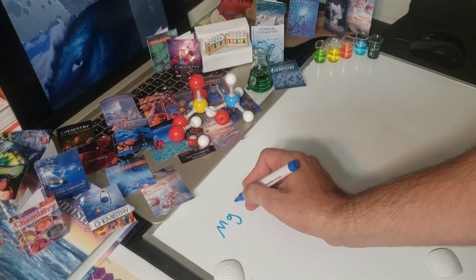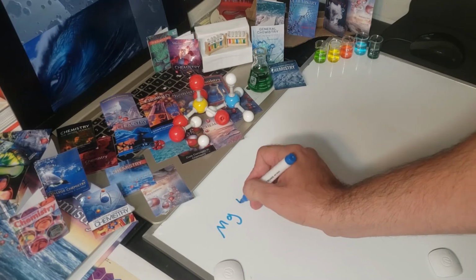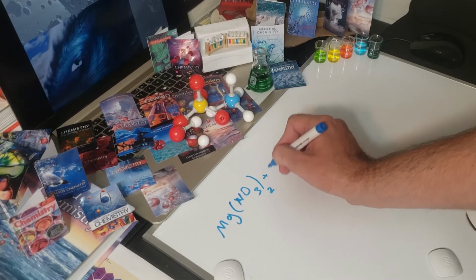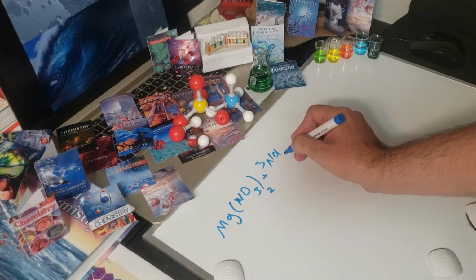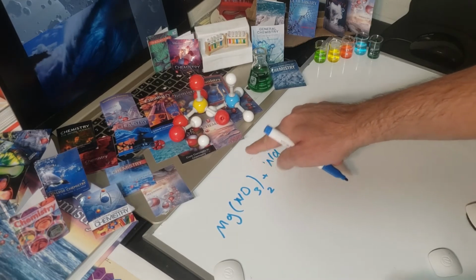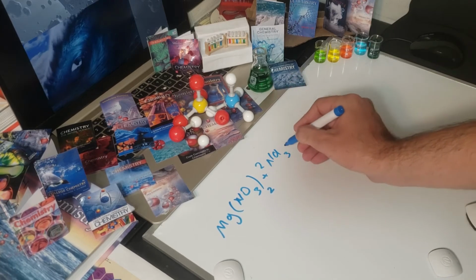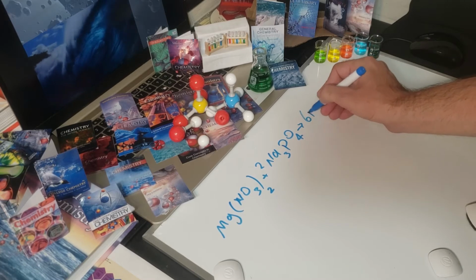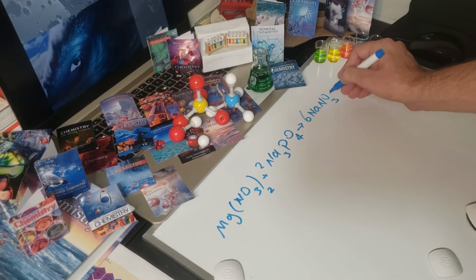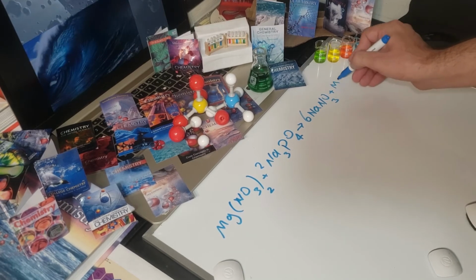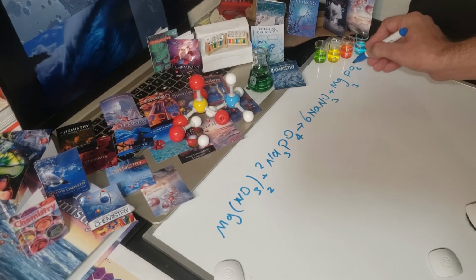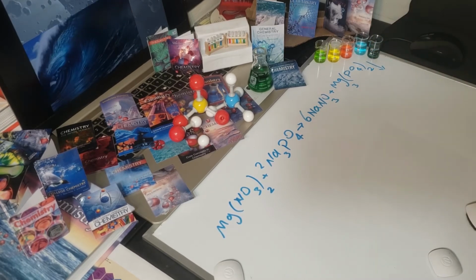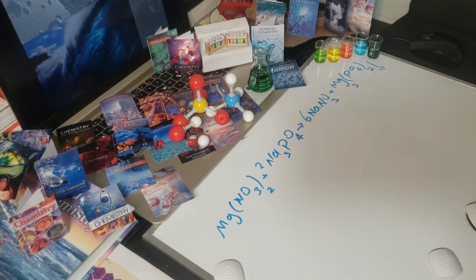Magnesium nitrate, three sodium, my bad, 2 sodium phosphate, 6 sodium nitrate, and magnesium phosphate. And magnesium phosphate, the Mg3(PO4)2 is the one that's going to precipitate.